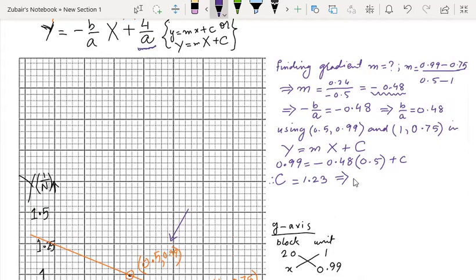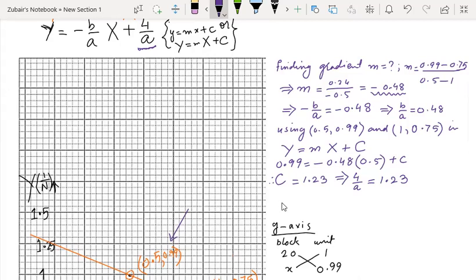So 4 upon a is equal to 1.23. So this is how we can find the value of A.